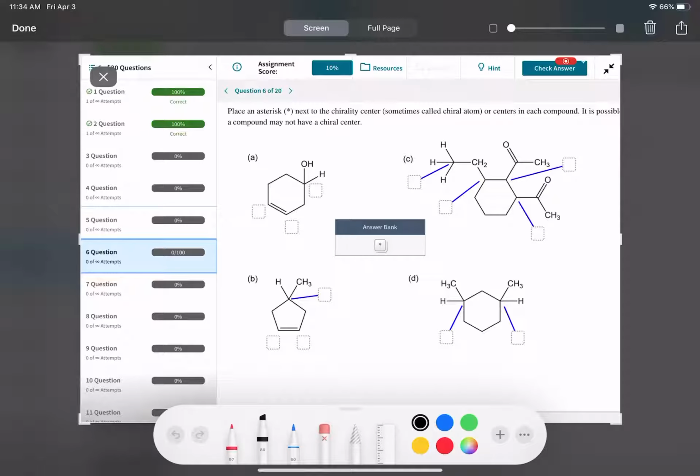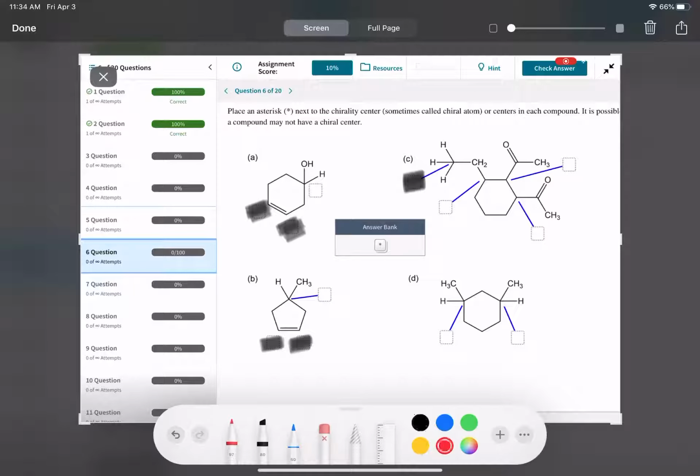So first of all, remember if a carbon is part of a double bond, it cannot be a chirality center. So let's black those ones out, not an option. Double bond carbons cannot be chirality centers. Let's get rid of them. And I'm looking for easy things to eliminate. On molecule number C, there's a CH3 carbon, so let's get rid of that. That's definitely not a chirality center. I think I've got rid of all the easy stuff.